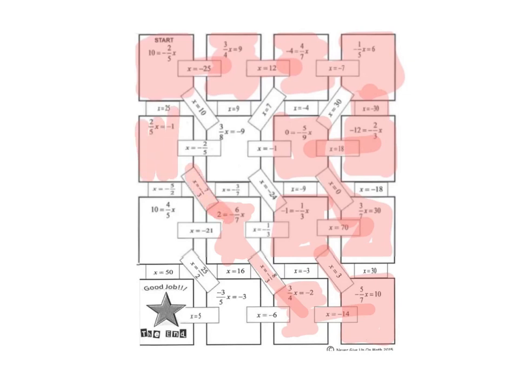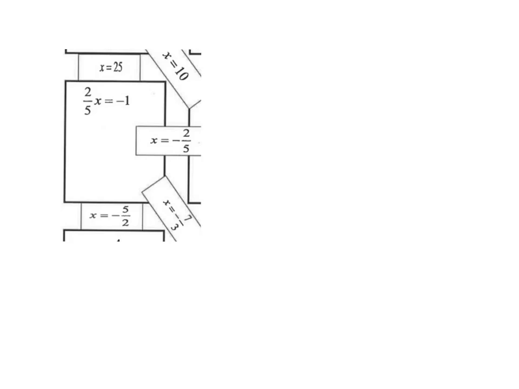So now we're up here. We've got 2/5 x is equal to negative 1. We're going to multiply by the reciprocal. The reciprocal of 2/5 is 5 over 2, 5 halves. We're going to do that on both sides.